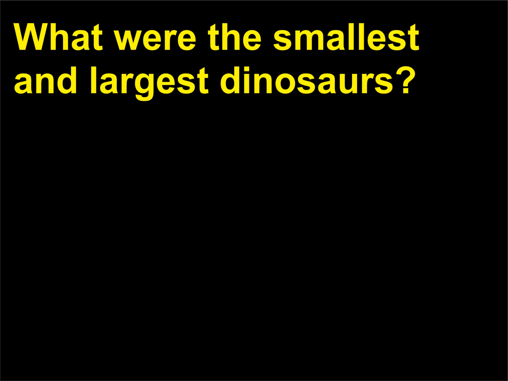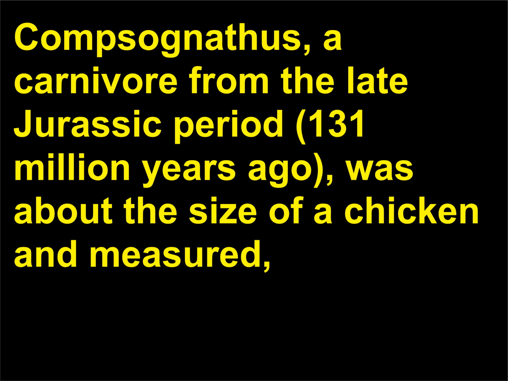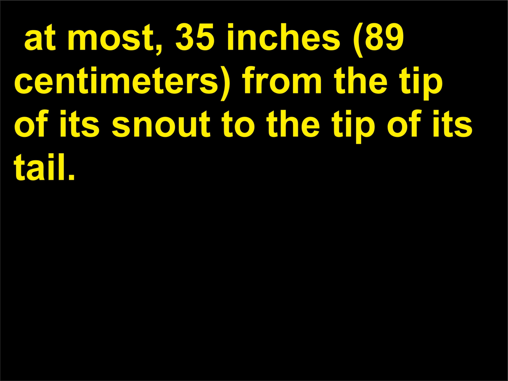What were the smallest and largest dinosaurs? Compsognathus, a carnivore from the late Jurassic period, 131 million years ago, was about the size of a chicken and measured, at most, 35 inches, 89 centimeters, from the tip of its snout to the tip of its tail.